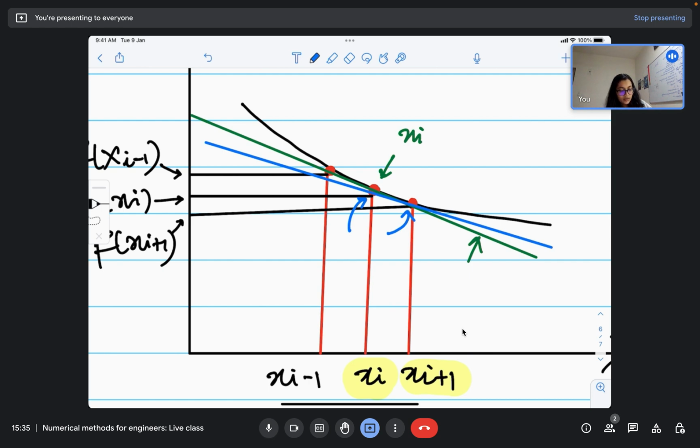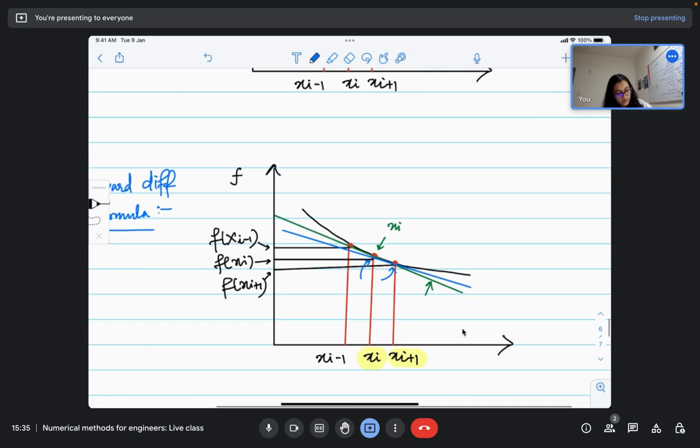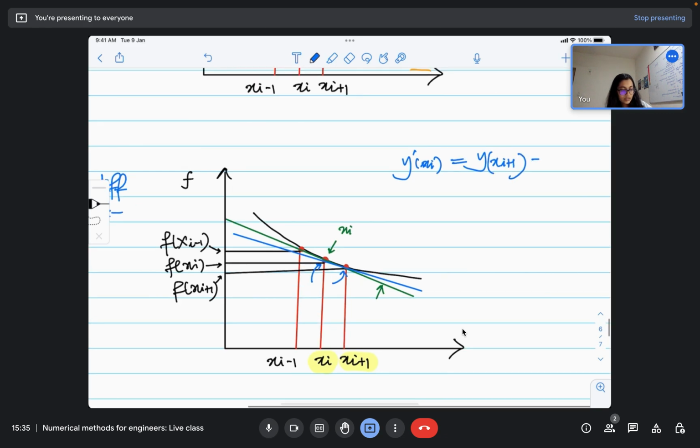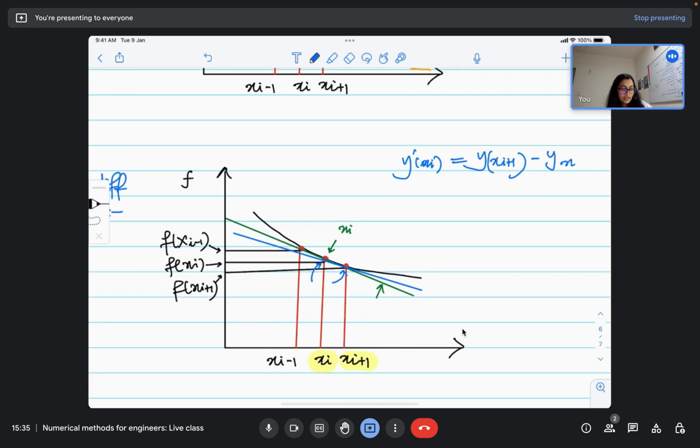And by the formula that we had written down, the derivative at xi is basically equal to the y value at the forward point minus the y value at point xi, divided by the difference between them, which is basically h.